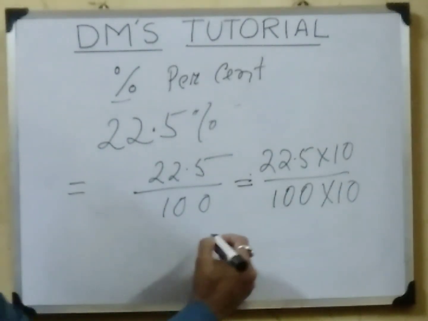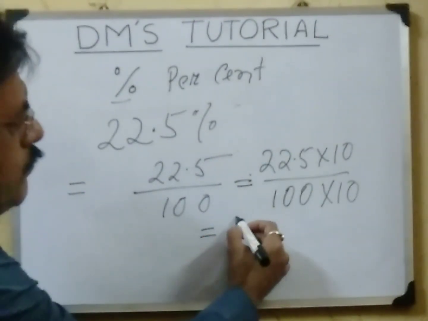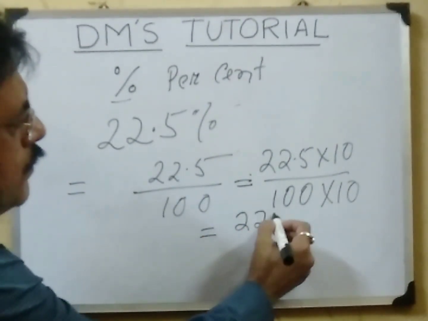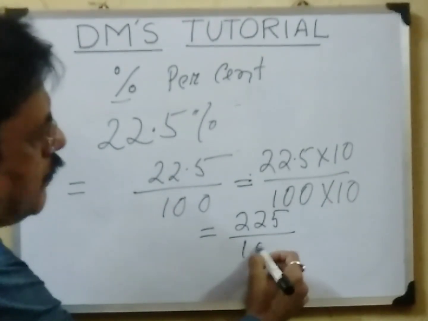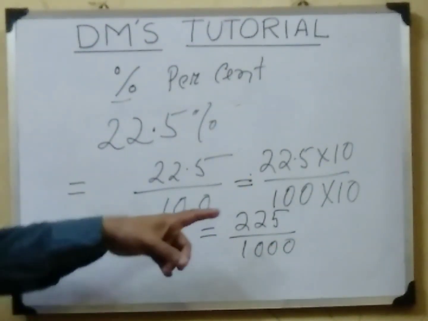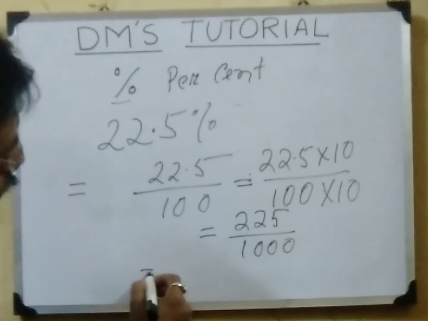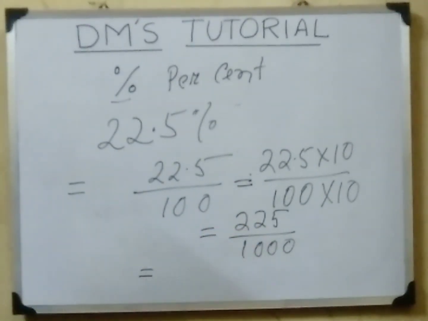That means 225 divided by 1000. Simplify this fraction, it will be converted into the smaller fraction.